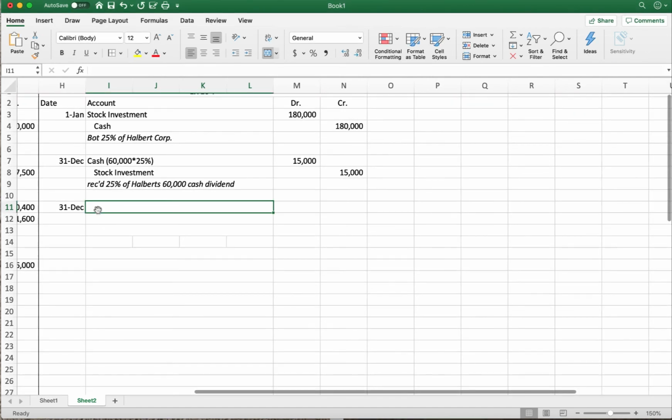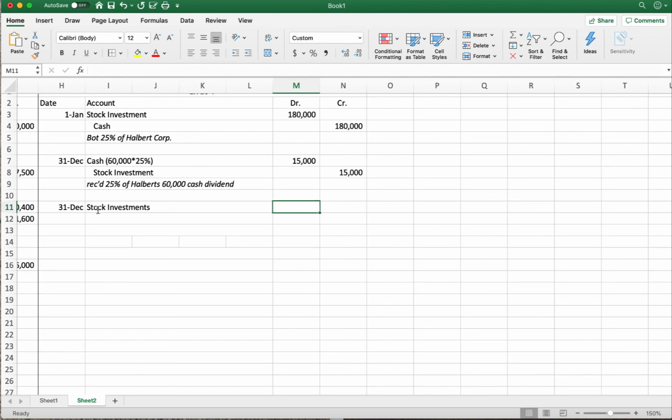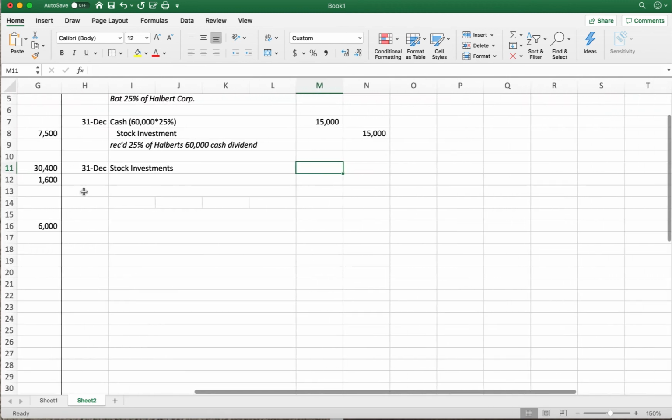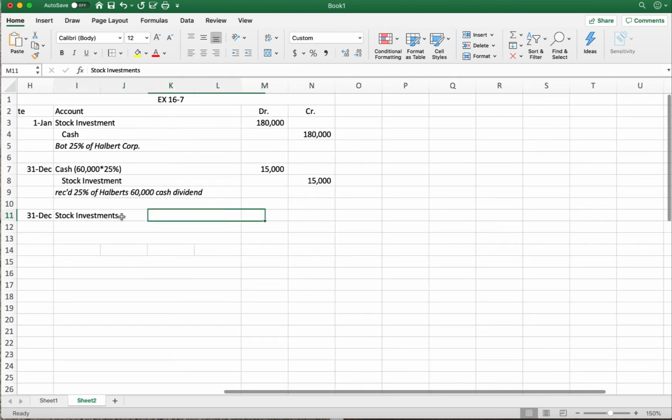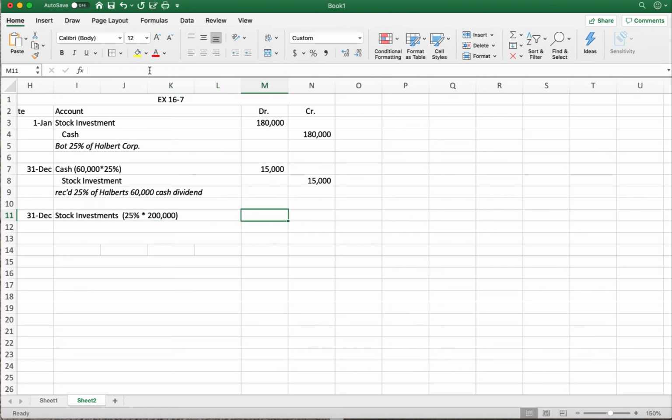Well, remember, we're going to debit stock investments for 25% of their net income. Their net income was $200,000. So that must mean that my stock investment in Halliburton is going to go up by $50,000.